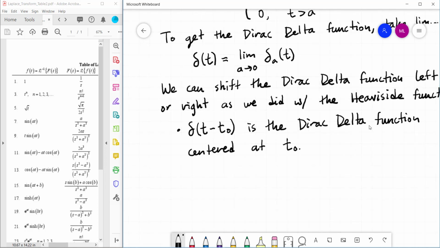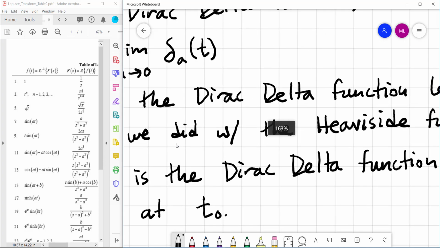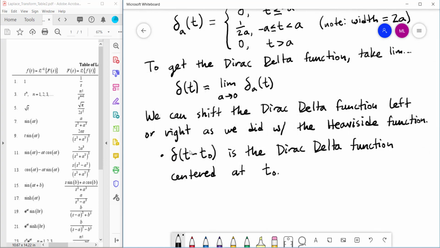So we can shift it. Again, the idea being that the Dirac delta function is infinity whenever its argument is 0. Now that argument will be 0 when I plug in t equals t0. So plug in that specific value of t, and that's where our spike will occur. So this is the notation our book will use, and I'll try to stick to similar notation to that.